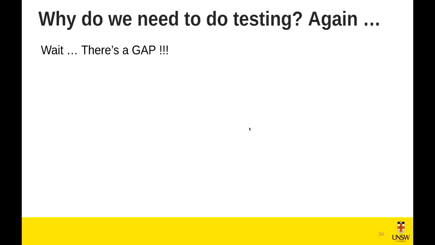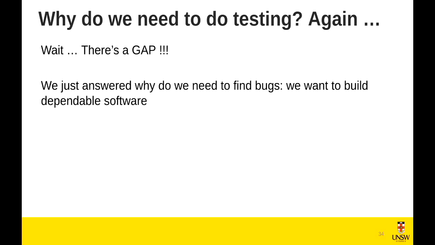So we are coming to an end of today's lecture. Why do we need to do testing? Let's come back to the question again. You may have noticed that there is a gap in our thinking process today. We just answered why we need to find bugs.